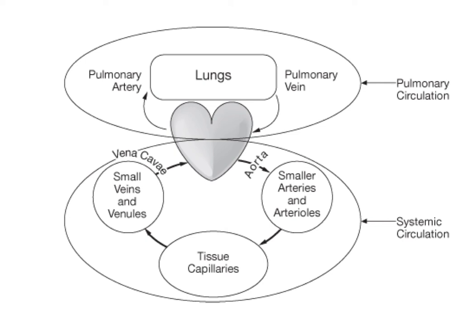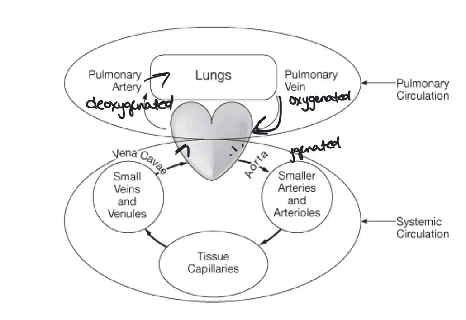Okay, and then in systemic circulation, you have small veins and venules. Your vessels are all going to be bringing that deoxygenated blood to the heart. And then from the heart, the aorta is going to be taking oxygenated blood to the body. All right, and that does that through the smaller arteries and arterioles. And then we're going to talk more about where that exchange takes place in the capillaries. Okay.